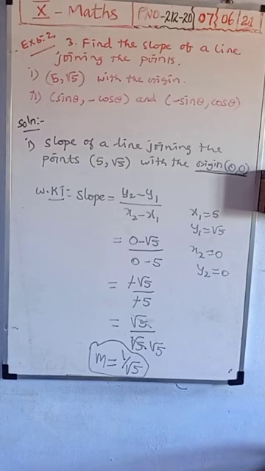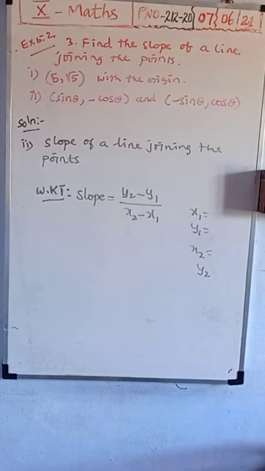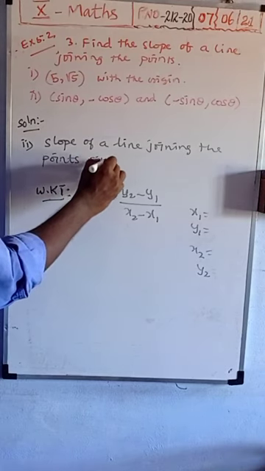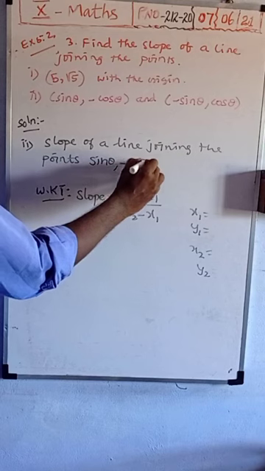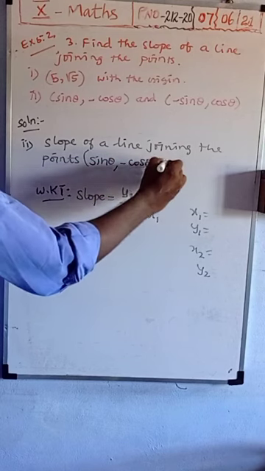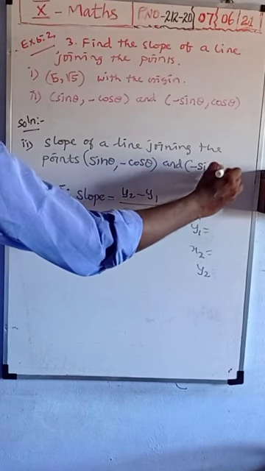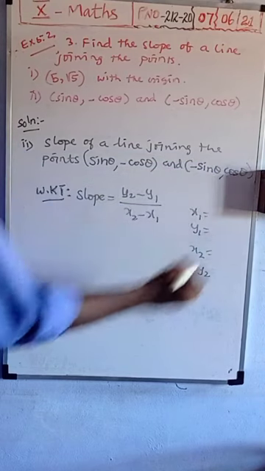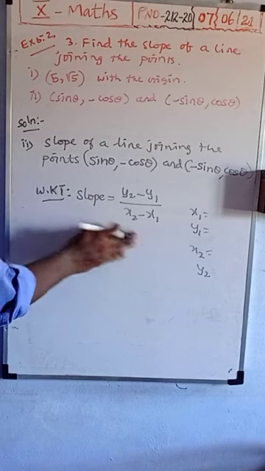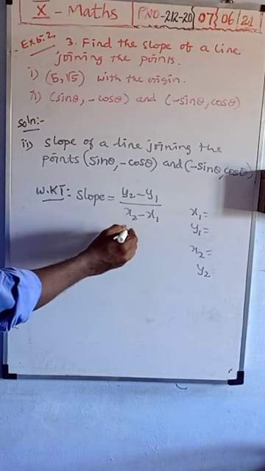Next, the second point: the slope of the line joining the points sin theta comma minus cos theta, and minus sin theta comma cos theta. These are also two points. The formula is y2 minus y1 by x2 minus x1.